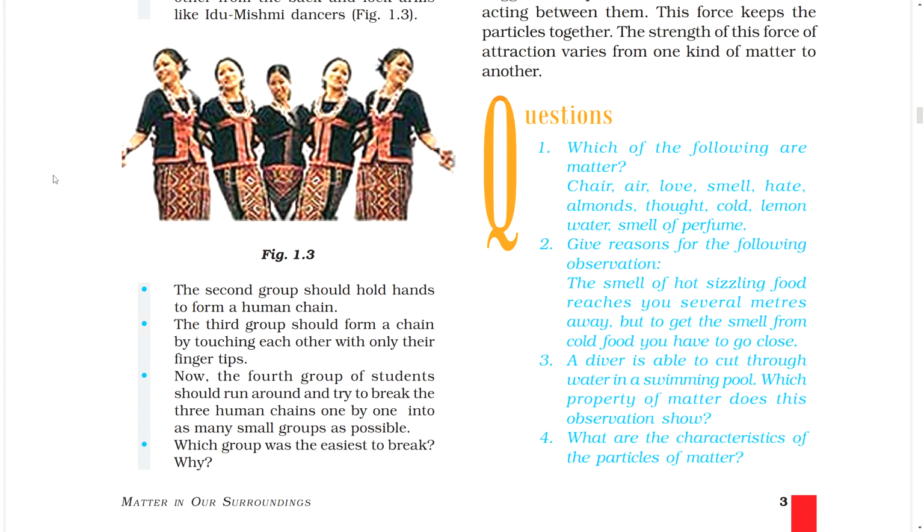The second group should hold hands to form a human chain. The third group should form a chain by touching each other with only their fingertips. Now the fourth group of students should run around and try to break the 3 human chains one by one into as many small groups as possible.